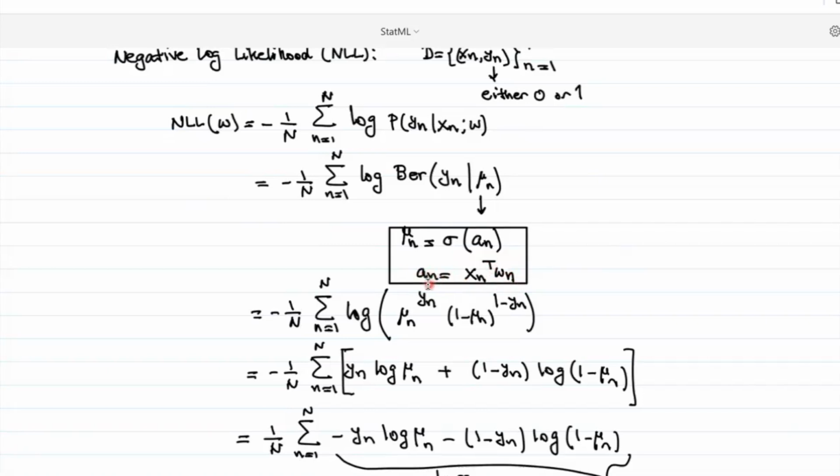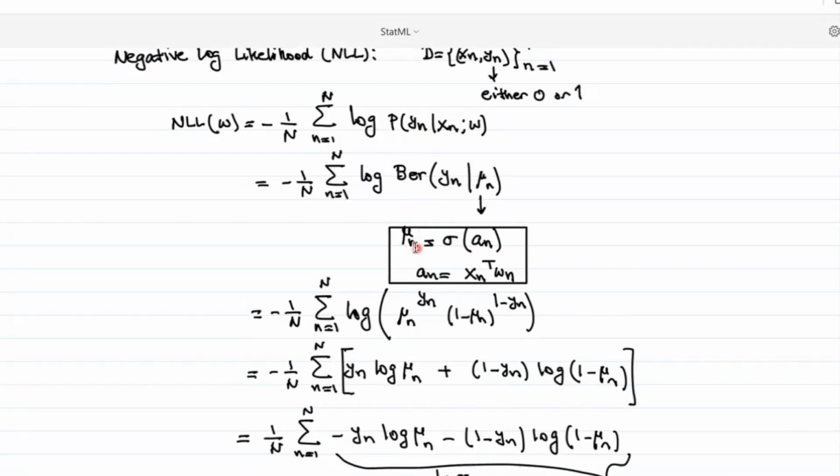And this gives us this scalar, which is a_n. So this is a real valued number, exactly like what we had in regression problems. And now we send this through this sigmoid or logistic function, and this gives us this probability measure that I like to call mu_n. So this goes back to the idea of logistic versus logit function, right?